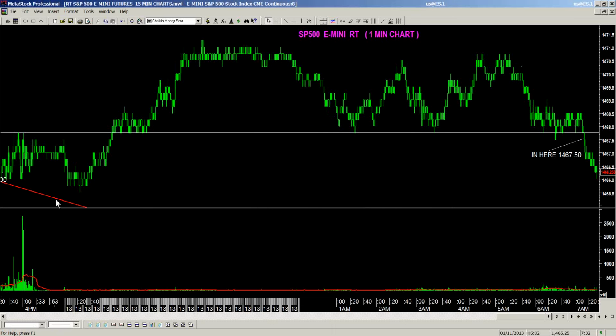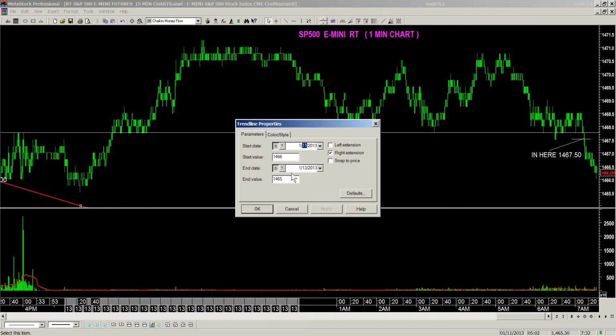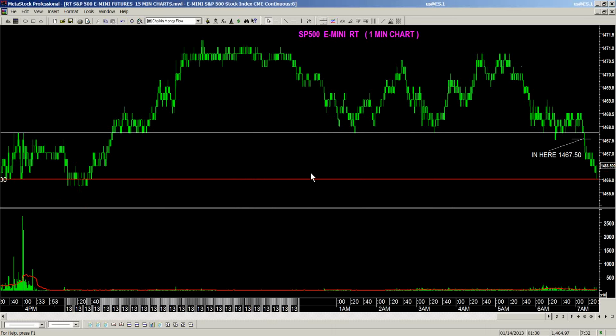1466. Hit on the low, a recent 1-minute bar right here.